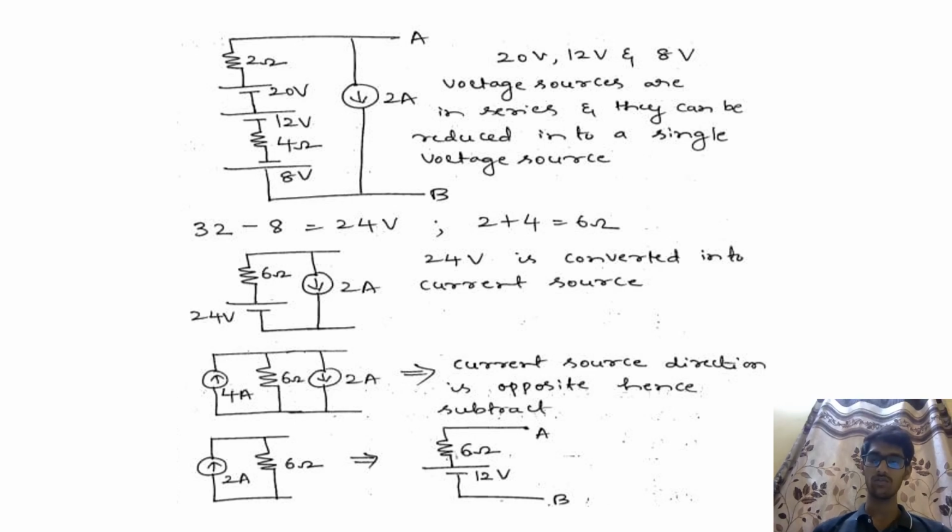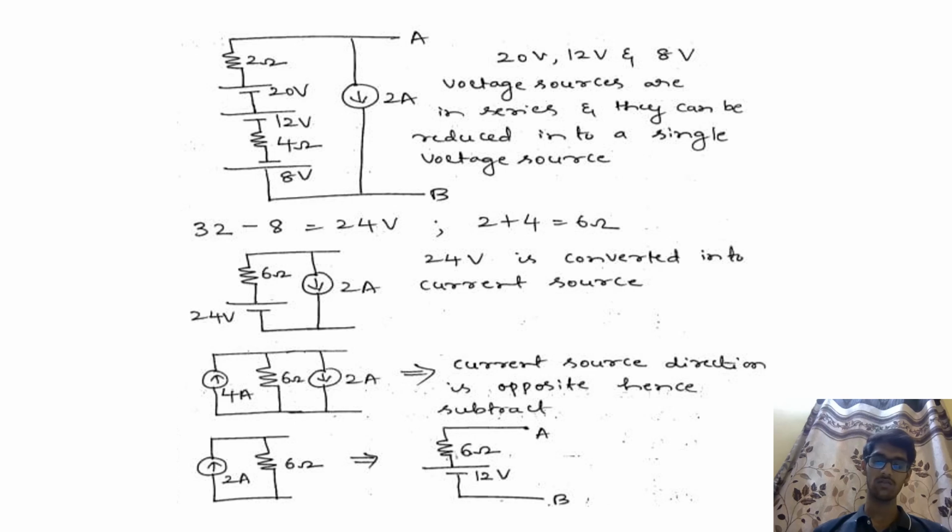The point we have to note is we have to check the polarity in order to give the negative or positive sign to the voltage source. The 20 and 12 volt voltage sources can be given a positive sign, and the 8 volt source is in the opposite direction, so we give it a negative sign. 20 plus 12 is 32, minus 8, which becomes 24 volts, and the resistances are also reduced to a single series resistance, that is 2 plus 4 is 6 ohms.